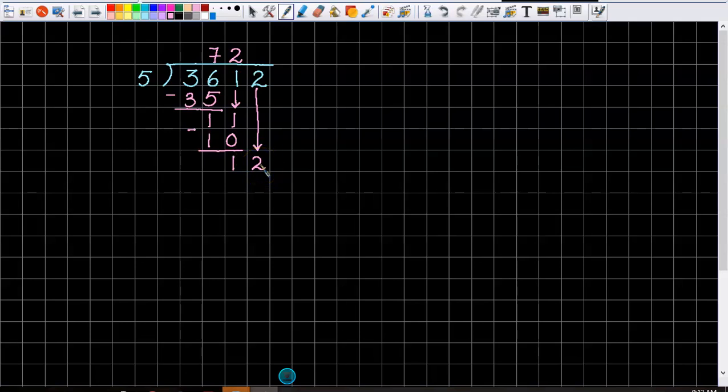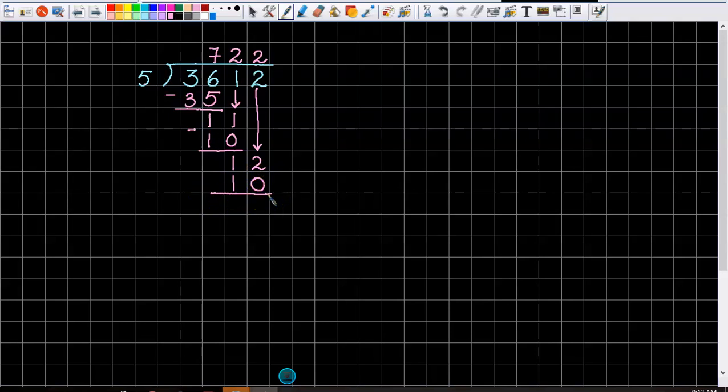Does this make sense for those who have never seen it before? I was such a, I don't want to say square, but I would have my ruler out and these would be parallel, all nice and straight. Loved it. So 5 goes into 12 twice, and then we say 2 times 5, 10.